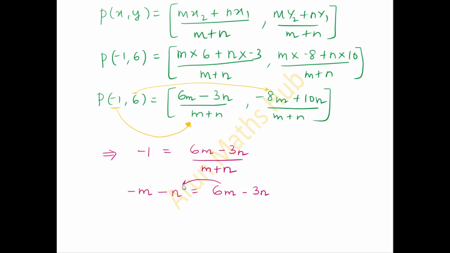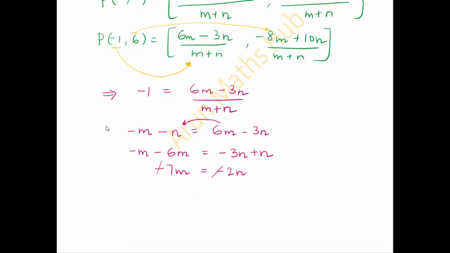Now moving plus 6m to LHS, we get minus m, plus 6m after shifting it becomes minus 6m, which is equal to minus 3n. Minus n shifting to RHS, it becomes plus n. Now minus 7m, minus m minus 6m is minus 7m, which is equal to minus 3n plus 2n is minus 2n. Minus and minus will cancel out.